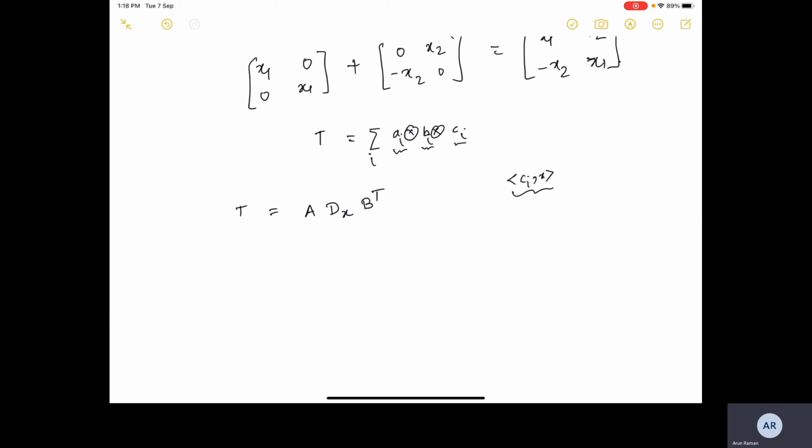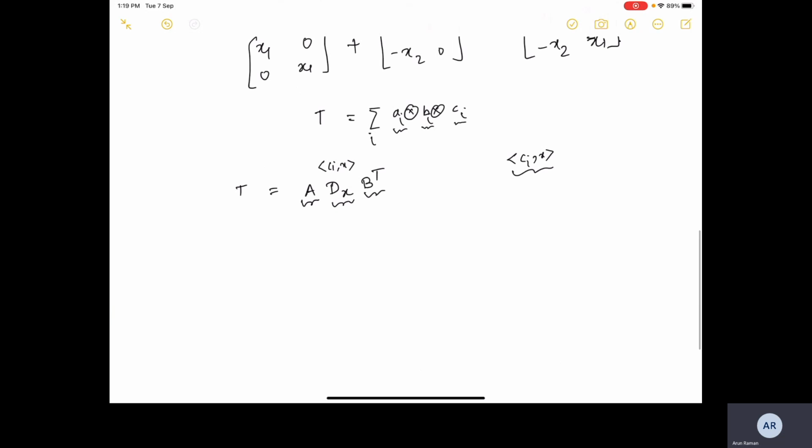This is what he has claimed, where the a_i's are the columns of A, B transpose we already know, and D_x is the diagonal matrix in which the entries are the inner products of c_i and x. Okay, so we will just look at what this means for the example that we have.